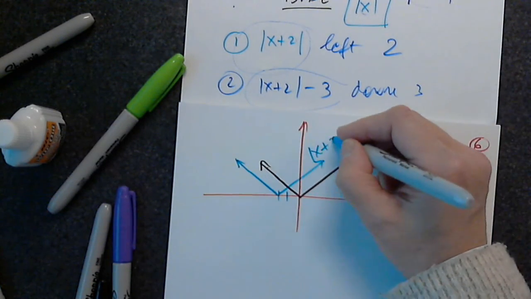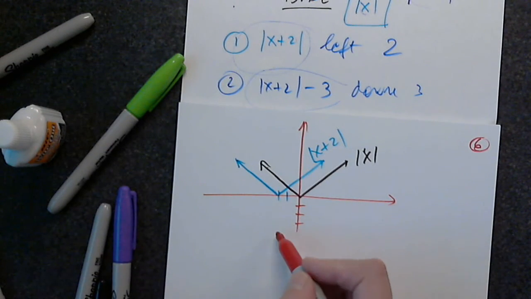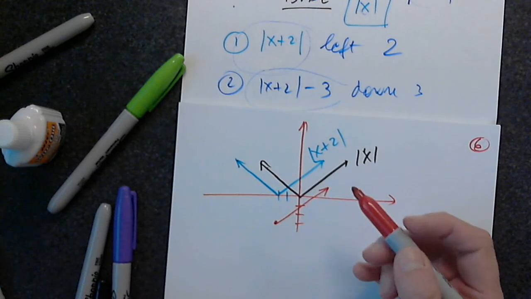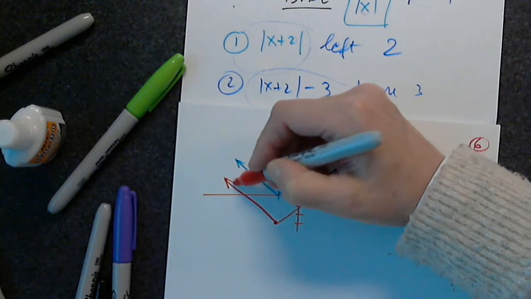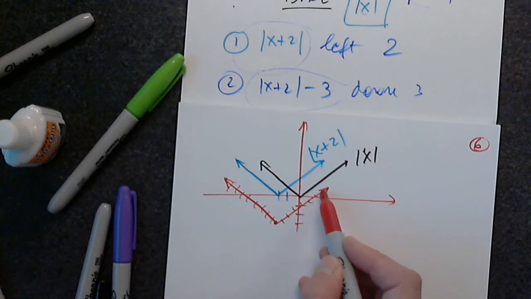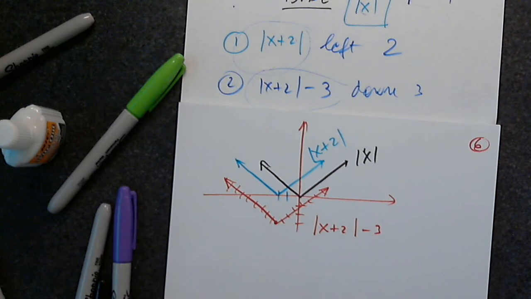So this is the absolute value of x plus 2. And then you said shift it down 3. Perfect. So it's right here and parallel. This is the final graph. So this is the absolute value of x plus 2 minus 3.